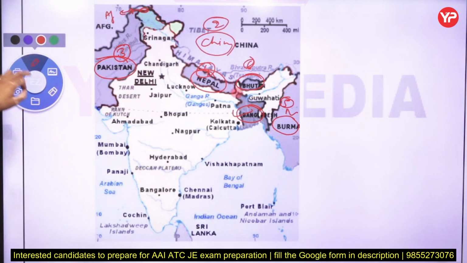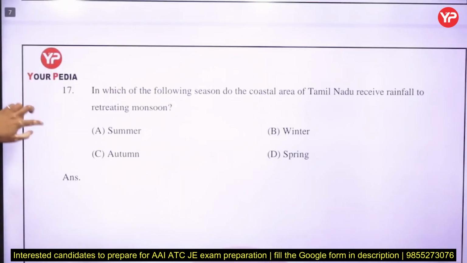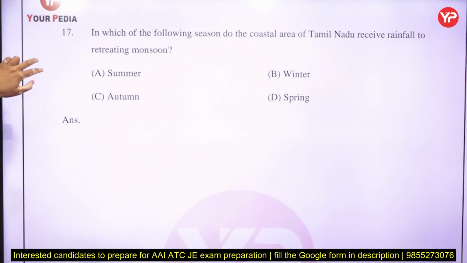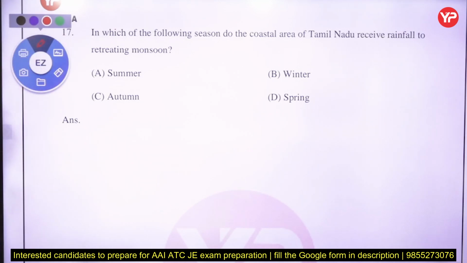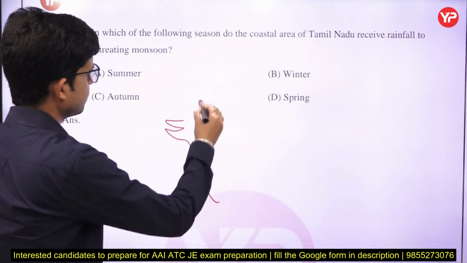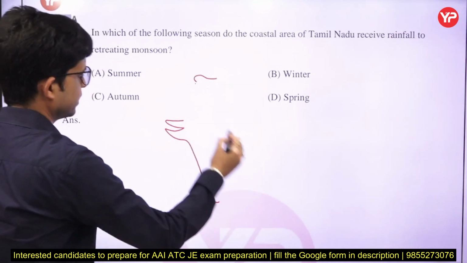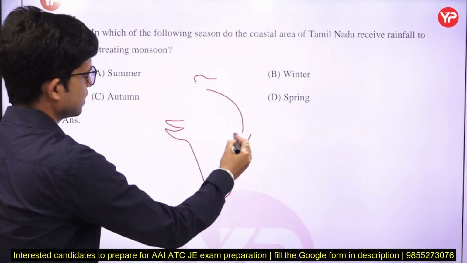So next question is again related to monsoon. Retreating monsoon. What is the meaning of retreating monsoon? Retreating monsoon means when the monsoon is coming back.